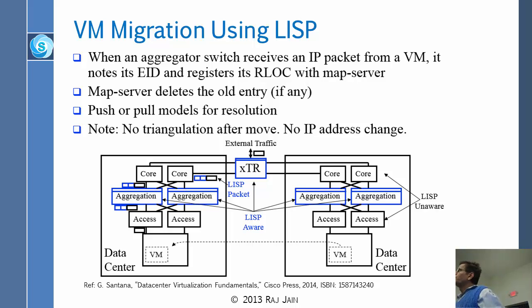So you see, only the blue stuff here is LISP aware. These aggregation routers are LISP aware, and this XTR is LISP aware, and everything else is not aware.